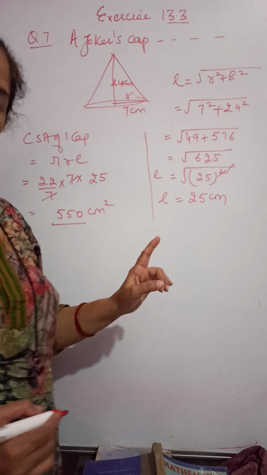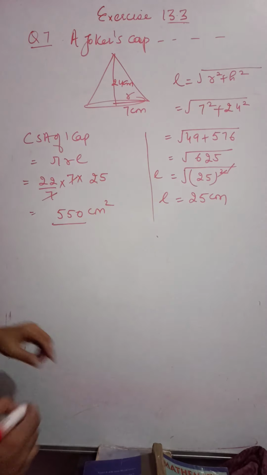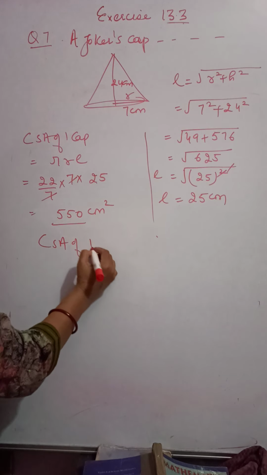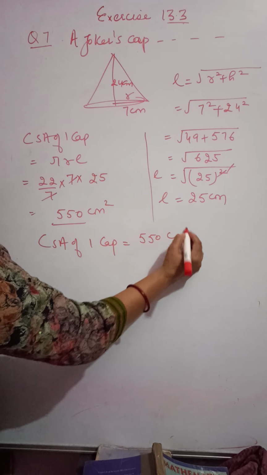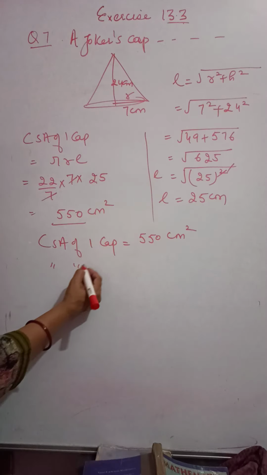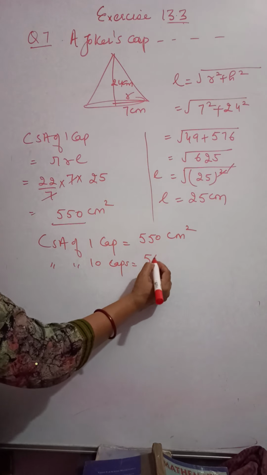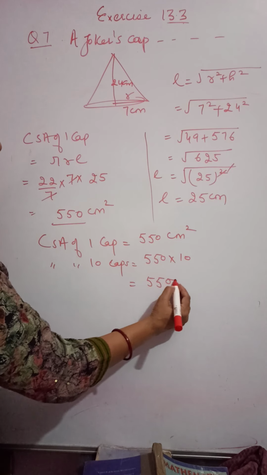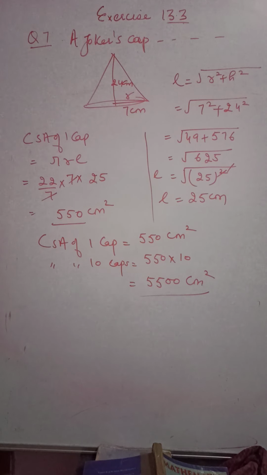This is the curved surface area of one cap. And how many caps are there? 10. So let's find the area of 10 caps. The curved surface area of one cap is 550 centimeter square, so 10 caps area will be 550 into 10, which is 5500 centimeter square.